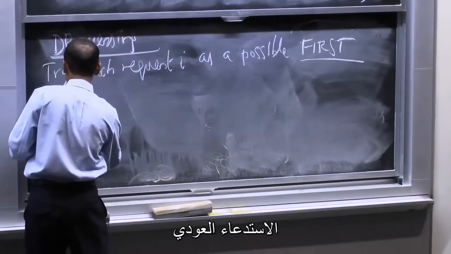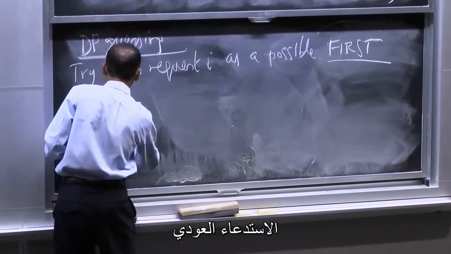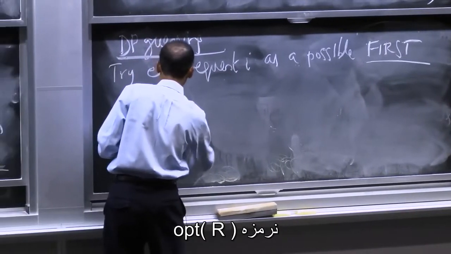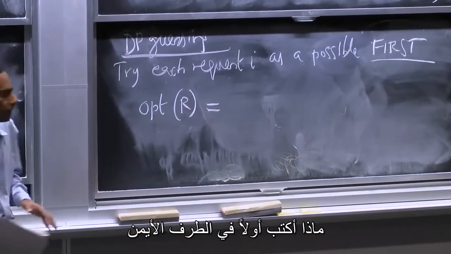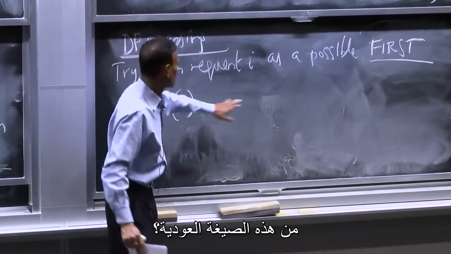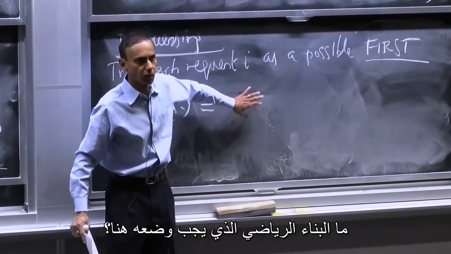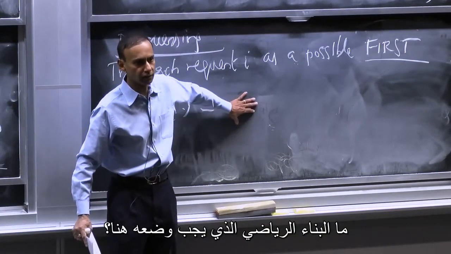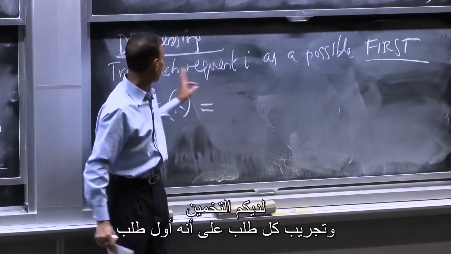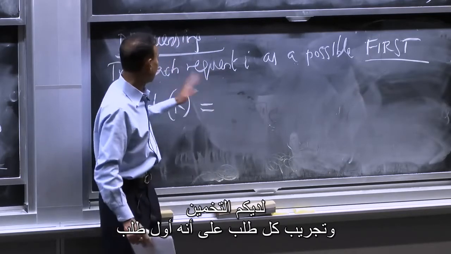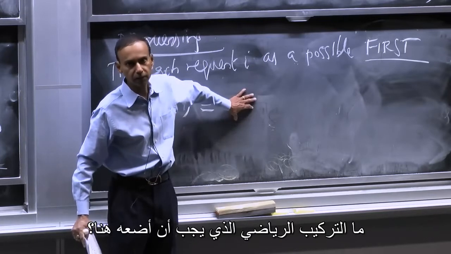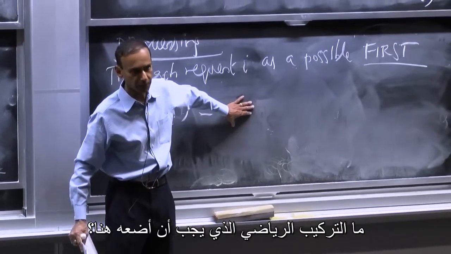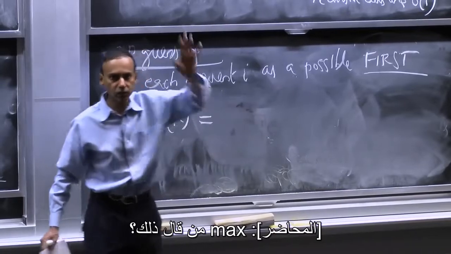And so the recursion, and I have opt R. What is the first thing that I'm going to have on the right hand side of this recursive formulation? What mathematical construct am I going to have to do here? When you see something like guessing and try each request as a possible first, what mathematical construct am I going to have to put up here? Max, who said Max?